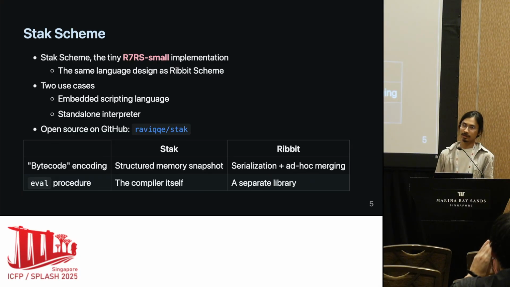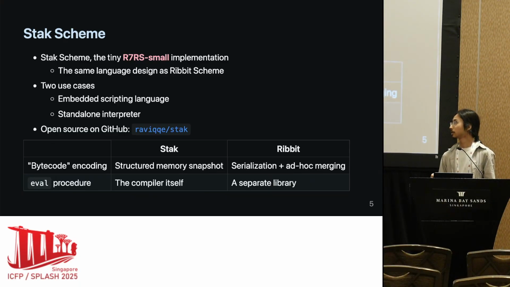The other use case is that you run it as a standalone interpreter, and it's open source on GitHub. In terms of the differences between Stak Scheme and Ribbit Scheme, the bytecode and decoding are quite different, and also the implementation of the eval procedure is quite different. So I'm going to talk about those two topics today.